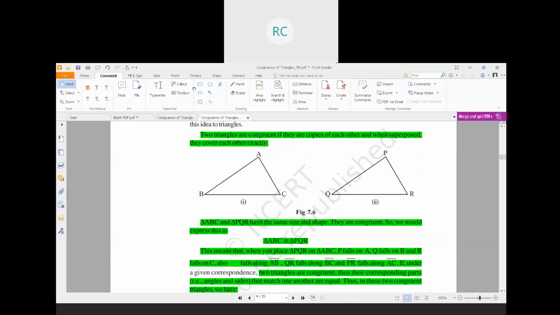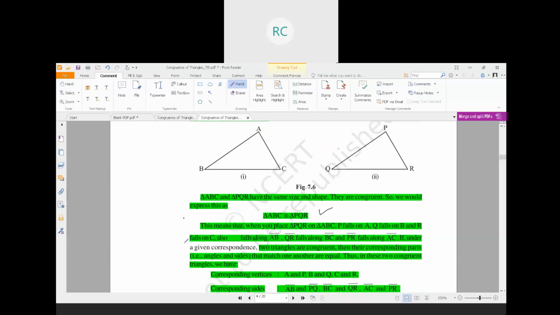So how can we write this? We can write it like this, that triangle ABC is congruent to triangle PQR. Now what does this mean? It means that if I pick up this triangle PQR and superpose it on this, where would this P come? It would come in place of A. What about Q? It will come on place of B. And what about R?